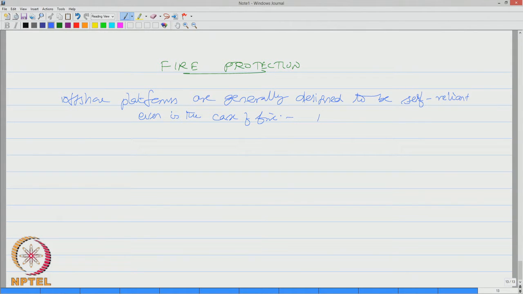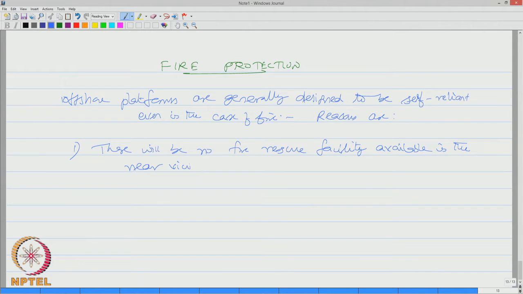There are reasons for this. The reasons are: there will be no fire rescue facility available in the near vicinity area of offshore platforms.